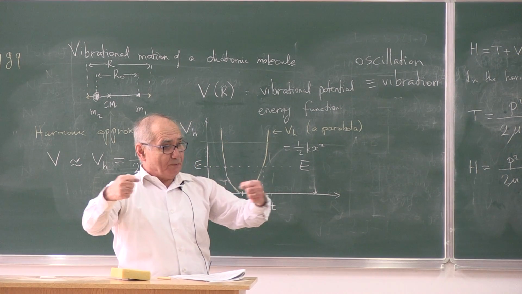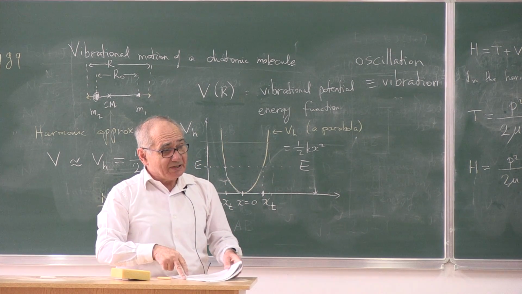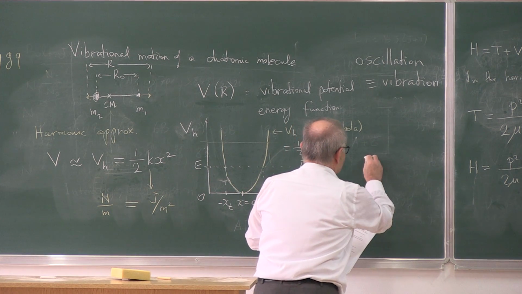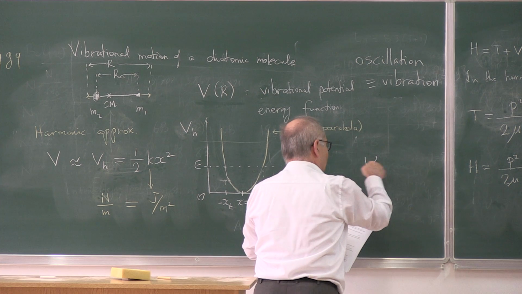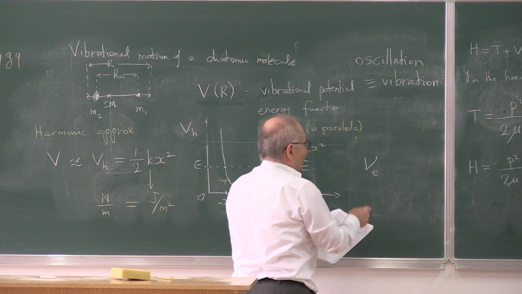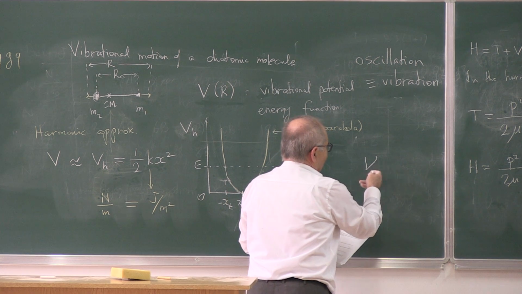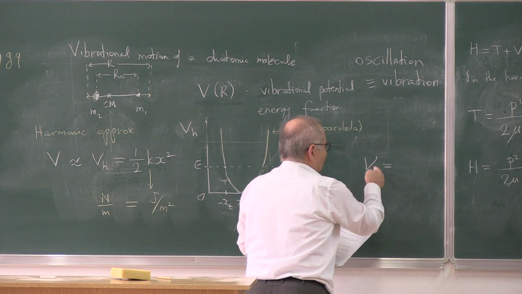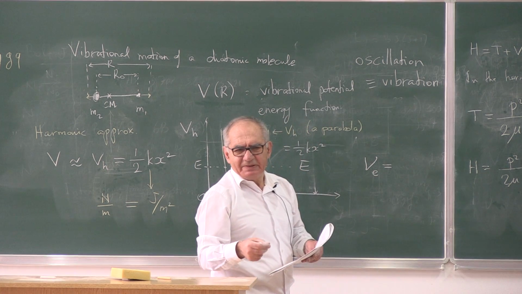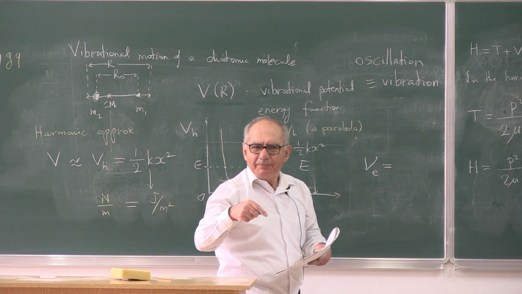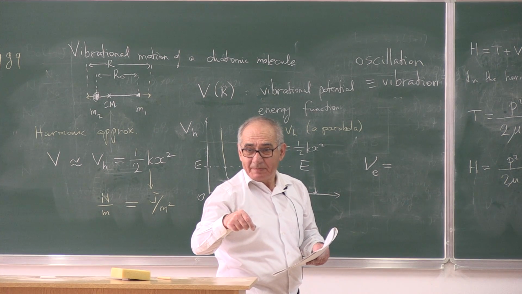There is a frequency of vibration. Classically, this vibrational frequency, we will denote it by the frequency symbol nu, and then attach E here. This E is indicating that this is the frequency at the harmonic approximation.